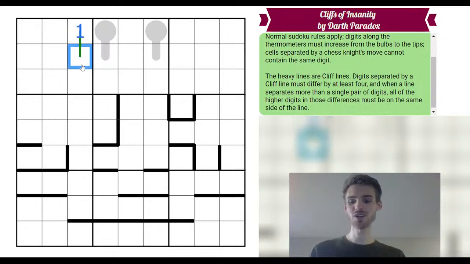Then if this was a 1, this would have to be a 5 or higher. If this was a 5, this could only be a 1 or a 9 because that would be 4 away. But it's not Dutch whispers, it's cliffs. So across this boundary, these 2 digits have to be in that relationship. So 1 and 5 would work, but 1 and 3 would be too close together.